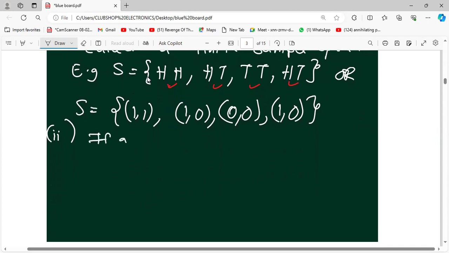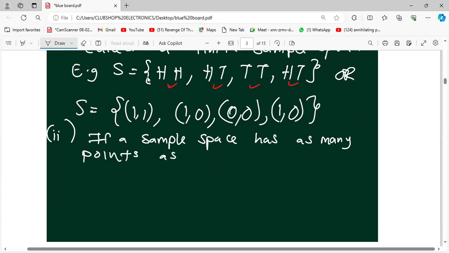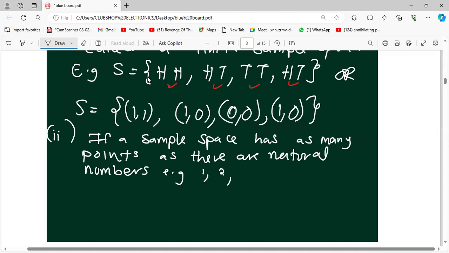If the sample space has as many points as there are natural numbers, maybe we say one, two, three, up to infinity, okay?